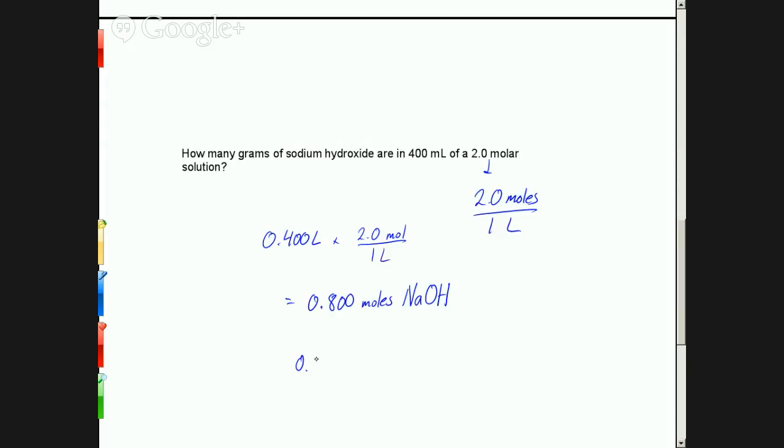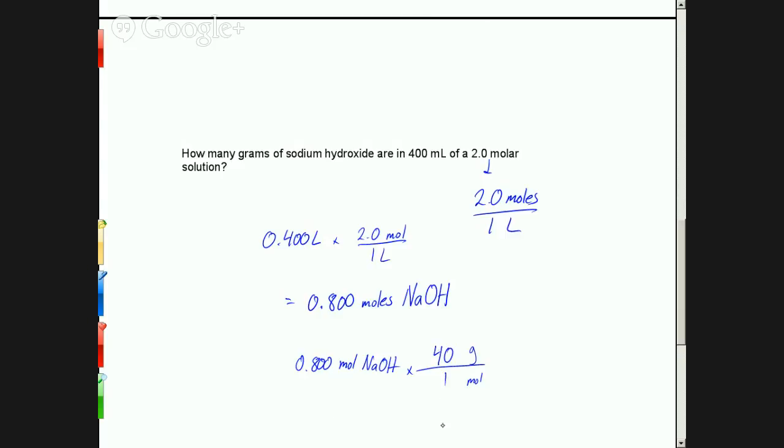So we're going to take our 0.8 moles and we want to figure out grams per mole. So we're going to add that up. Sodium is 23, oxygen is 16, and hydrogen is 1. So I think that's 40.